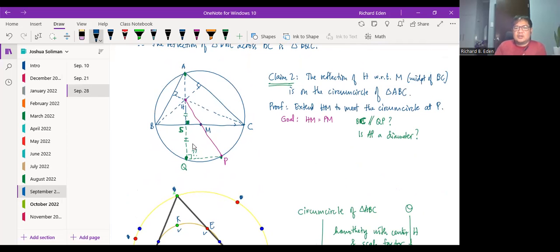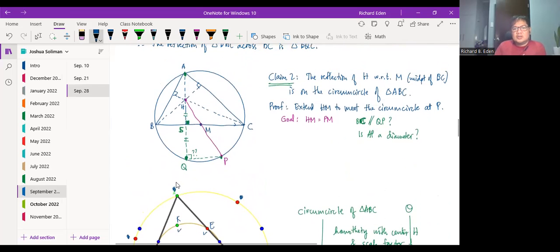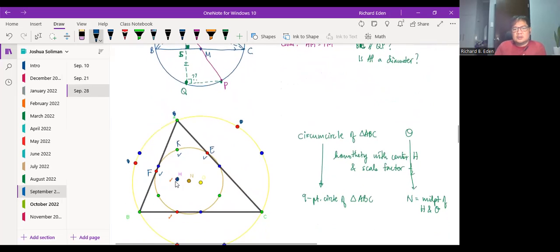It's just the reflection of the orthocenter H with respect to the side. So actually, kung ganon, this is the extension of the altitude. The extension of the altitude.